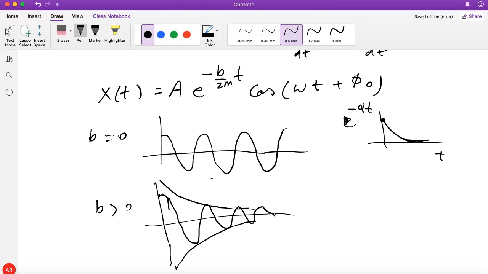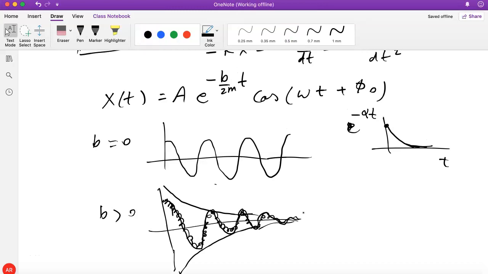That's the result of the multiplication. So this is our real time dependence. It makes a lot of sense. It has oscillations with some frequency, and then the amplitude itself goes down as time goes on, and the system is losing energy.